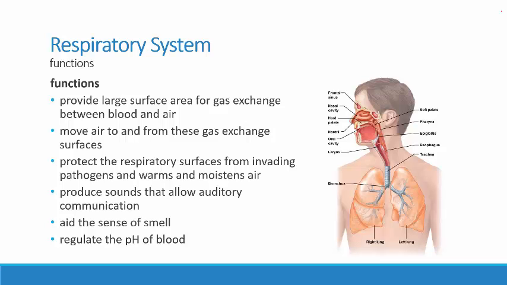We have to protect those respiratory surfaces from invading pathogens. So, we can easily breathe in viruses or bacteria that can then cause disease. And we also have to protect the respiratory surface from drying out, because if it becomes dry, it will not allow gas exchange, and from freezing, because really, really cold air can damage the respiratory membranes.